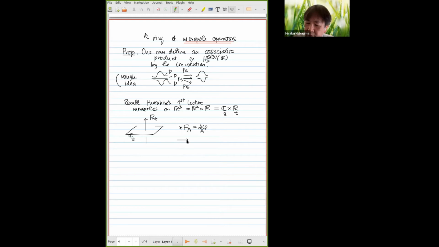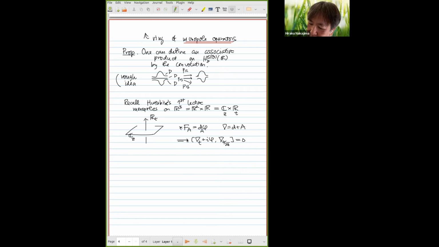There are several components, but one of the components says that the (0,1) part of nabla on this complex line bundle is parallel with respect to the connection in the time direction.